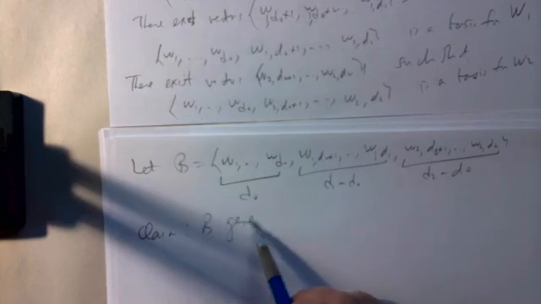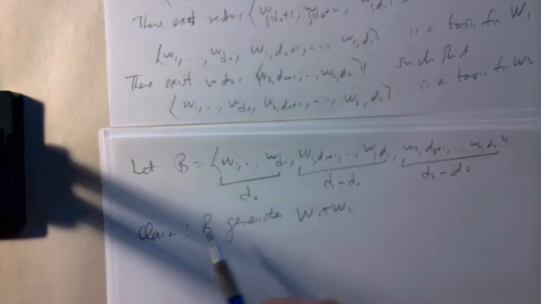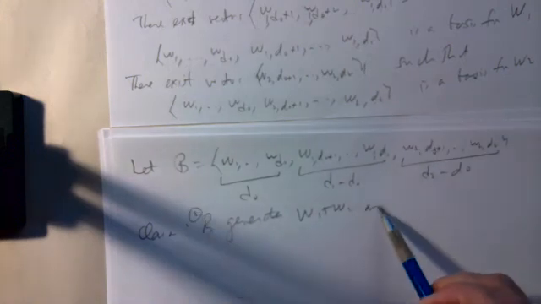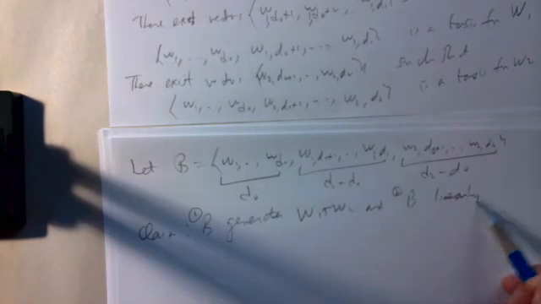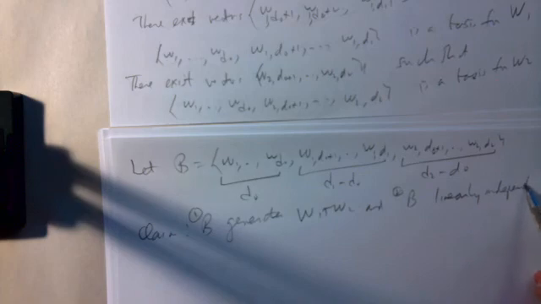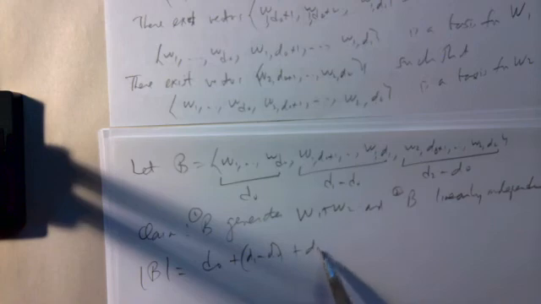B generates W1 plus W2, and B is linearly independent. If this is a linearly independent set, the vectors are distinct, and the cardinality of B will be d0 plus d1 minus d0 plus d2 minus d0.